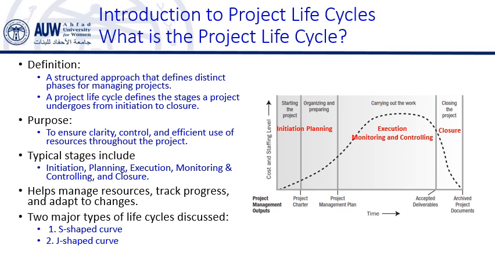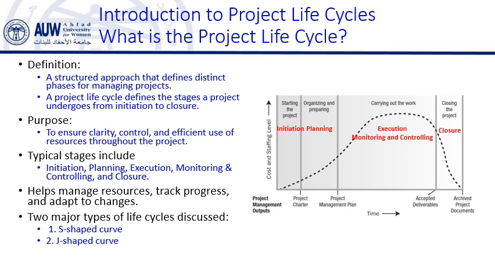Initiation is where the project begins and the project's objectives, scope, and stakeholders are defined. Planning: detailed strategies and resource allocation are developed to guide the project. Execution: the project's deliverables are created, involving the majority of the effort and resources.